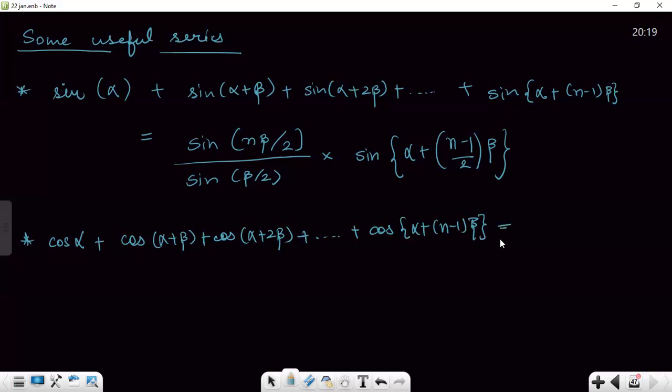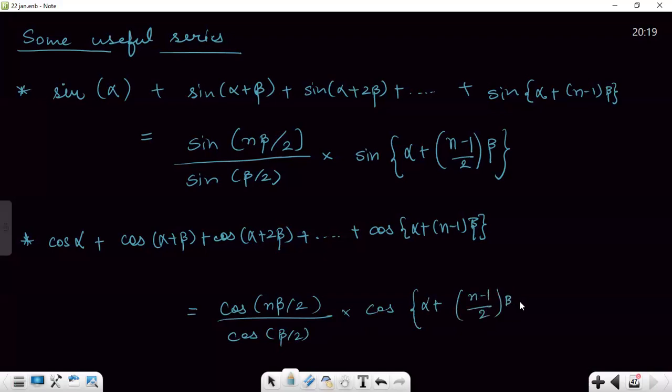And this will be given by almost the same formula: sine of n beta divided by 2, divided by sine of half of beta, multiplied with cosine of alpha plus n minus 1 divided by 2 into beta.